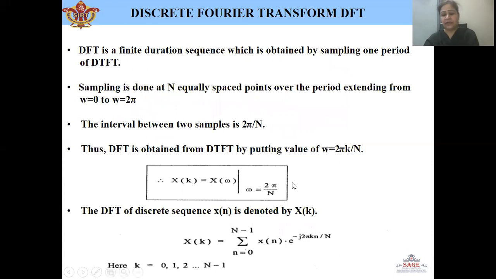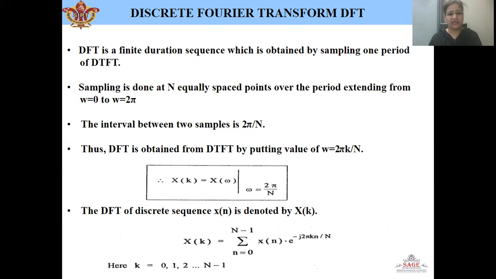Now, next we will do the discrete Fourier transform, which is written as DFT. DTFT, which we have already seen, is continuous in nature and is also periodic with period 2 pi. Since DTFT is continuous in nature, it is not appropriate for analysis in discrete signal processors.